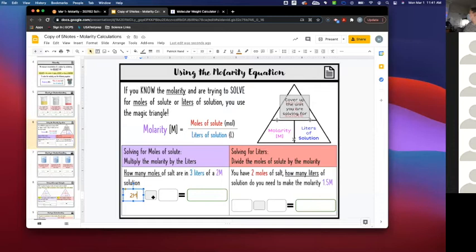So in our box right here, we're going to multiply it by how many liters of solution we have. And it tells us we have 3 liters of solution. So what's 3 times 2? 6. So our answer is 6 moles. So it's the same type of math. We're just solving for something different. Okay.